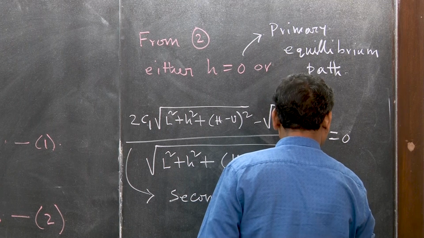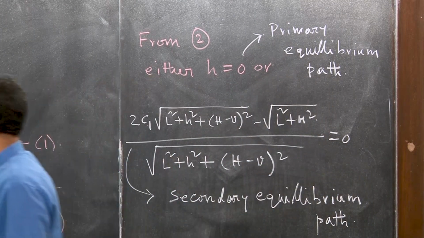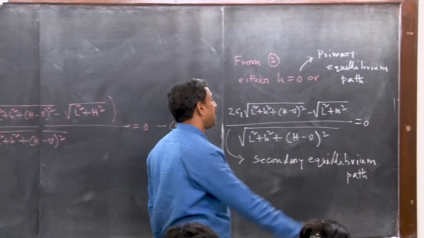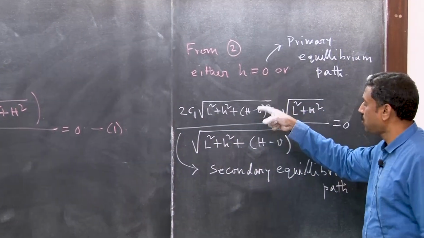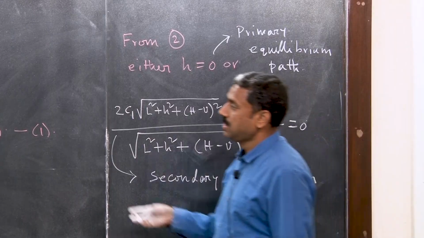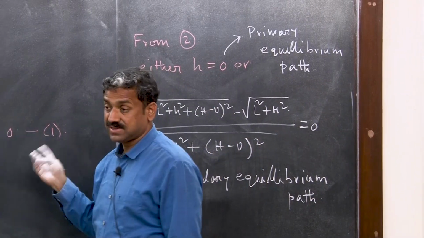Now, please note that there is equation 1. We are yet to do something on equation 1, no problem. So, from equation 2 we are obtaining the primary equilibrium path for H is equal to 0, or the secondary equilibrium path, where the other expression is 0. Please note that we never forgot the first equation.